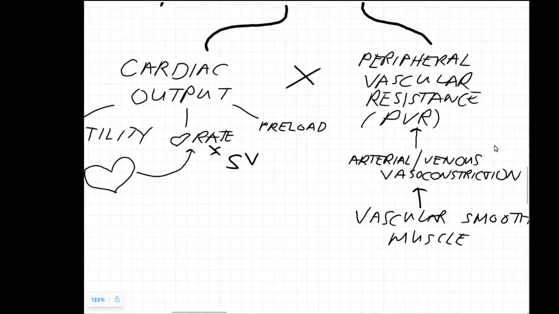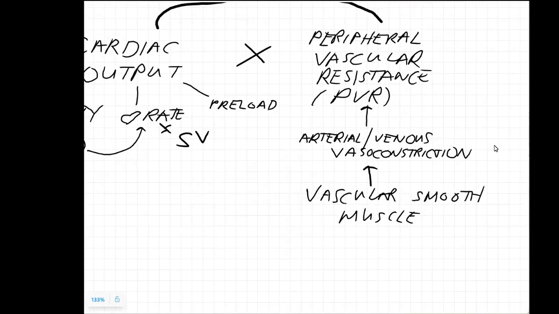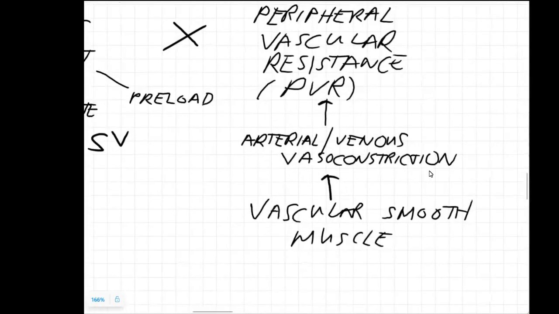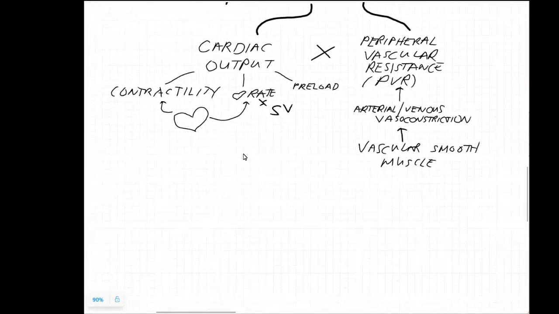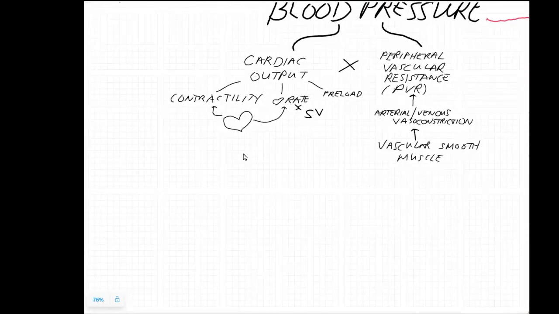The other part of that is peripheral vascular resistance, or PVR. This is driven by the vasoconstriction of either the arteries or the veins. The constriction of the arteries is multifactorial, and definitely the CNS has something to do with both of these.